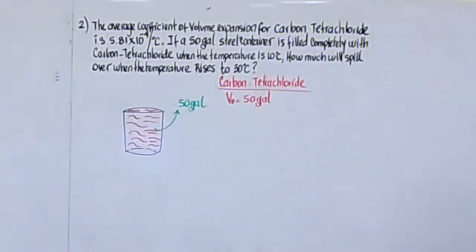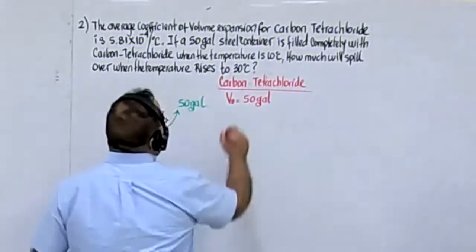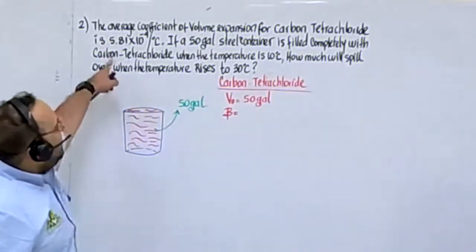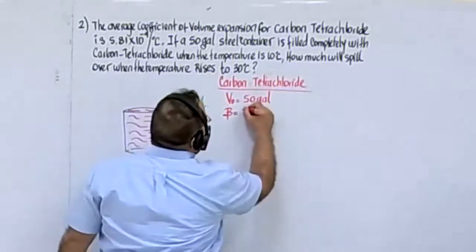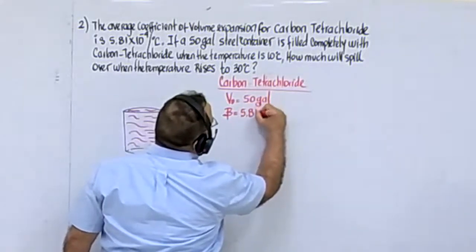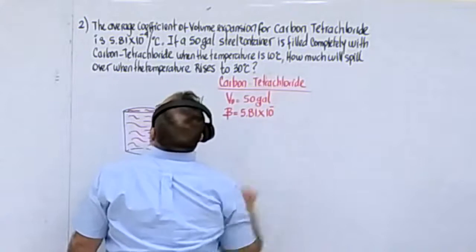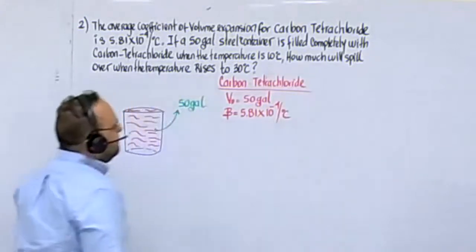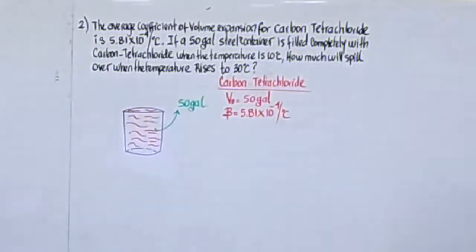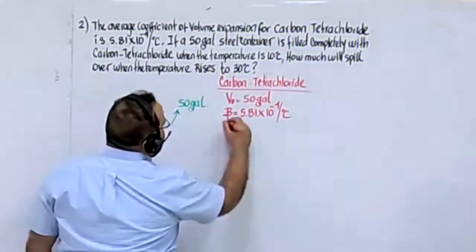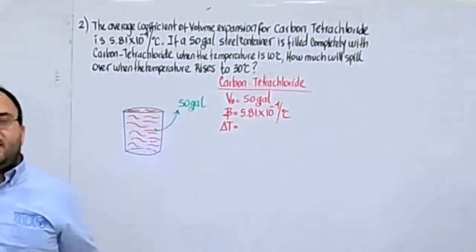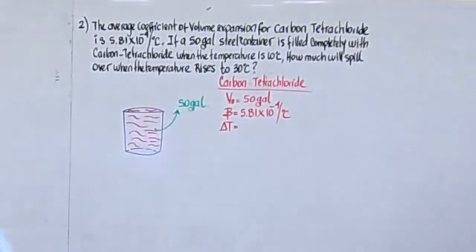Second part of the situation, we have the value of beta, which the problem gave us already, 5.81 times 10 to the negative 4 power per Celsius degrees. Also we have the change of temperature. Remember, the change of temperature will be the difference between the final temperature and the initial temperature.